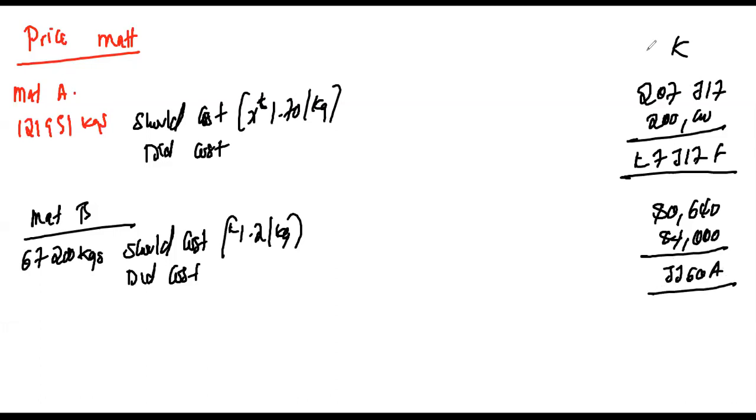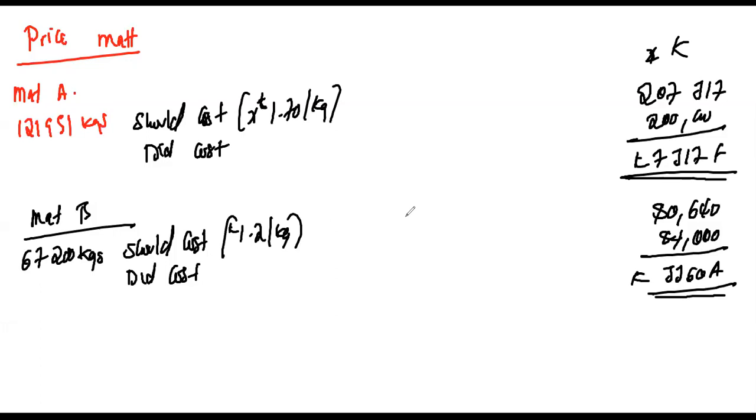There's a kwacha on top there. Let me just put it for the sake of those who may forget. Okay, so you know the reason for this variance. We've already explained why they're having this kind of price variances. We've explained what it means already in our earlier sessions.